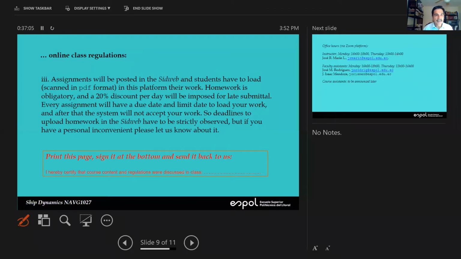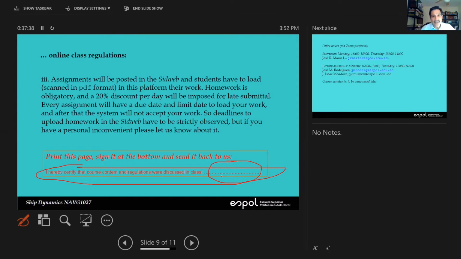The final part. Please, I need a proof that we have discussed these things in English in the class. So I will ask you to print this syllabus and class regulations, this document that I sent you. At the end, you will read this phrase, and I'm giving you this space for your signature, okay?